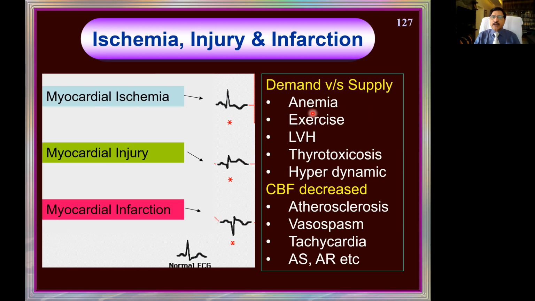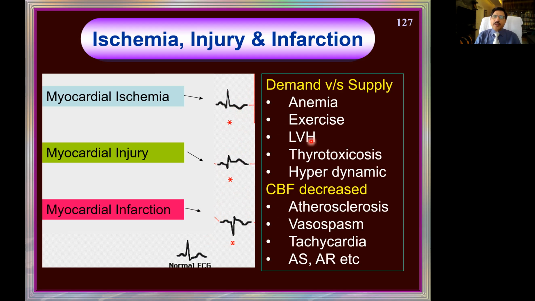When you exercise, the myocardium requires more blood in order to work faster and give higher output and heart rate. This is what we do in the treadmill test. We increase the demand through exercise and see whether any changes appear. Of course, we don't want to precipitate infarction. We want to see whether there are any ischemic changes or injury changes during exercise.